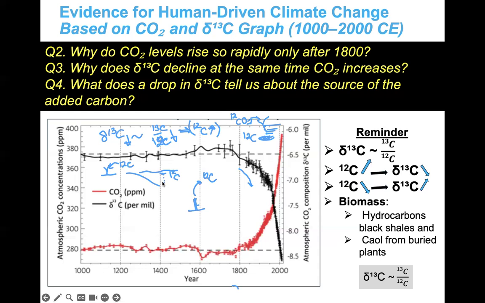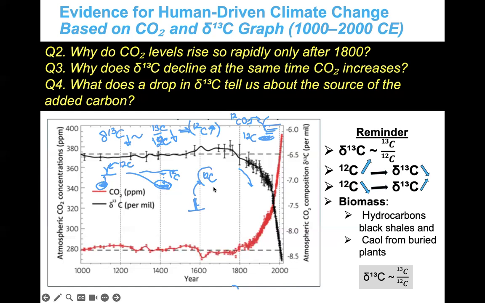So when they get buried, we have black shale here, and when this gets buried, we have coal. So black shale and coal have a loss of C12. So once you discover this black shale, and we use those coal and fossil fuel trapped in those black shale, when you burn them, you release C12 in the air.